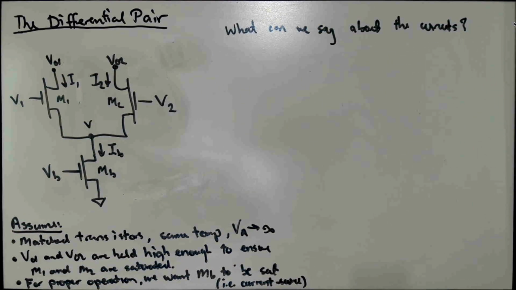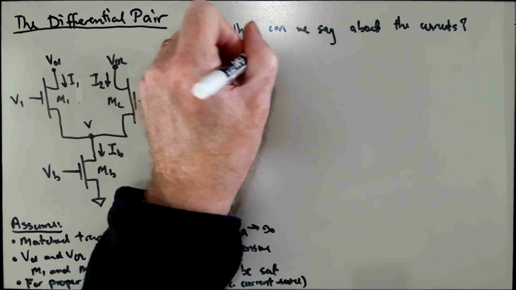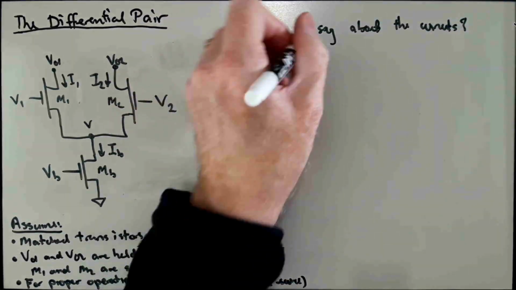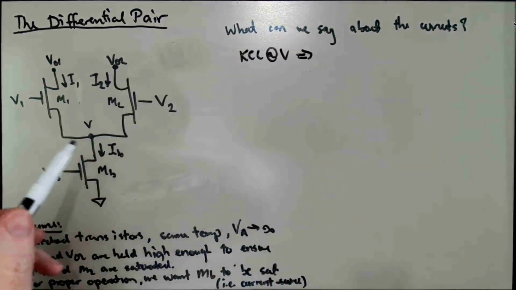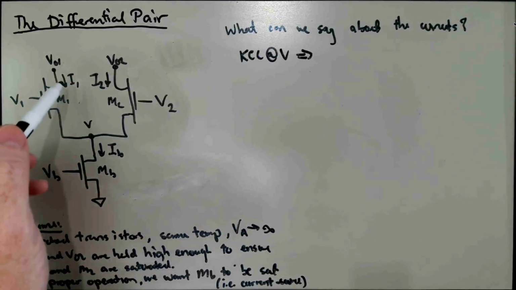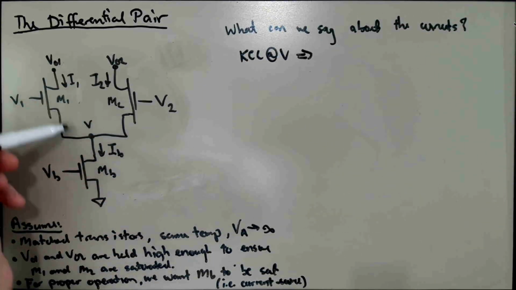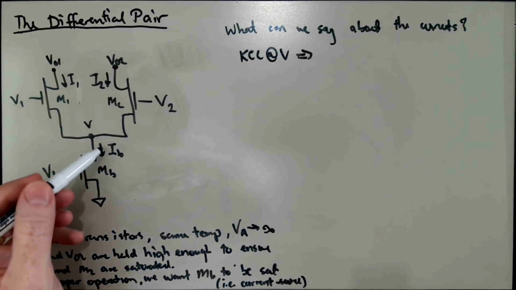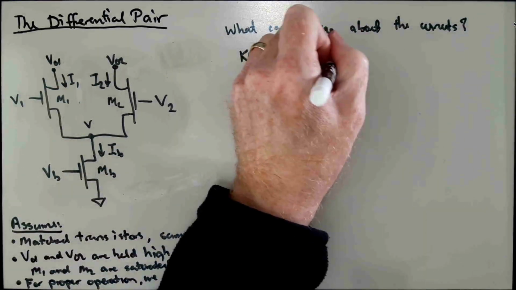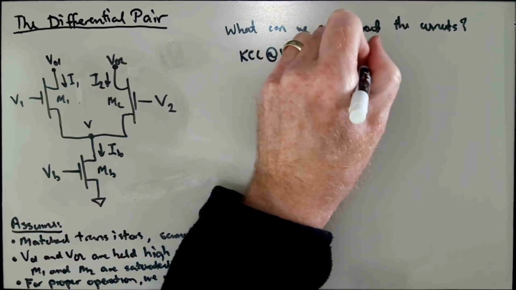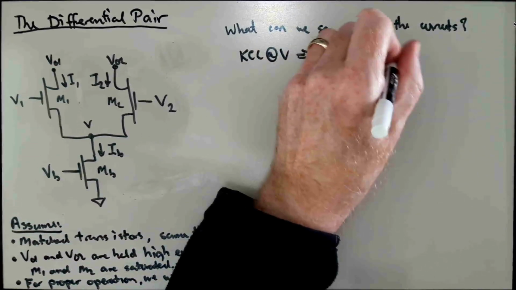Well, in general KCL at node V tells us something about the relationship of these three currents. I1 plus I2 is the total current flowing down from the sources of M1 and M2, and that should equal IB. So IB is equal to I1 plus I2.